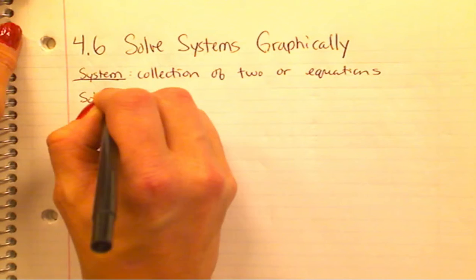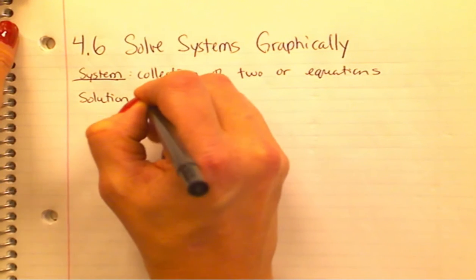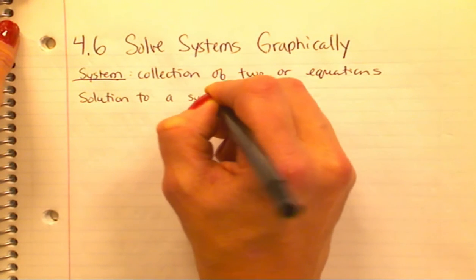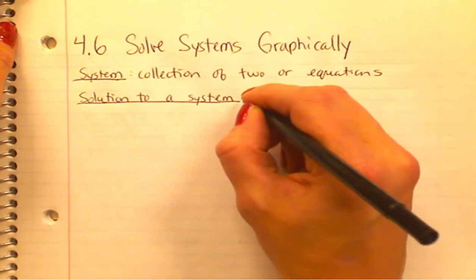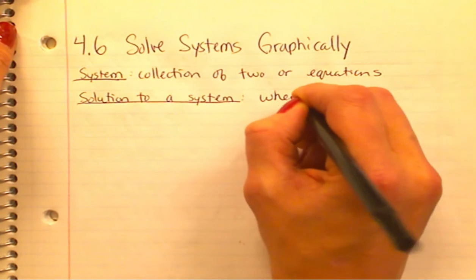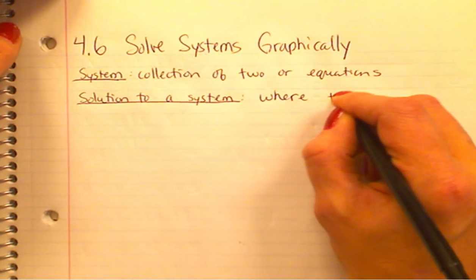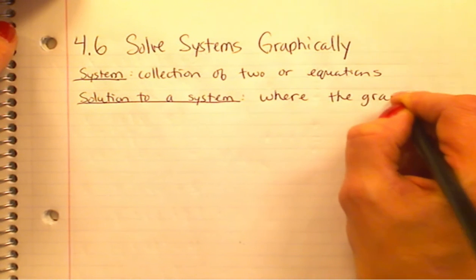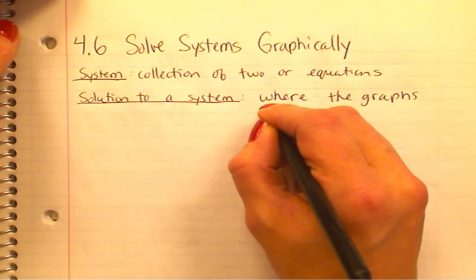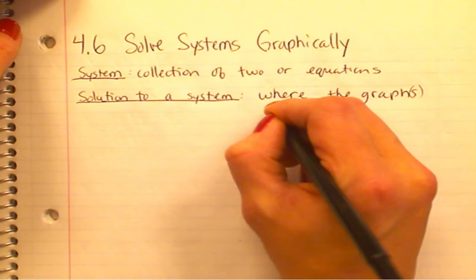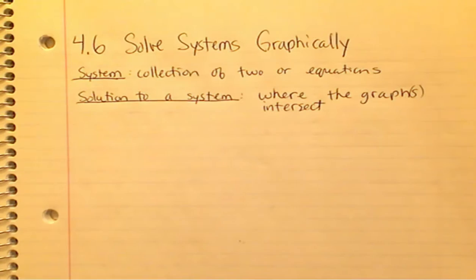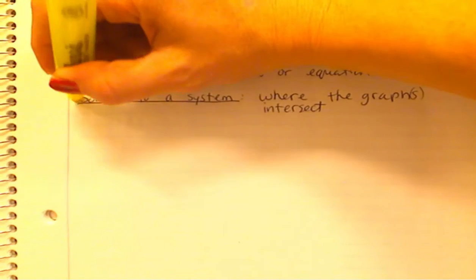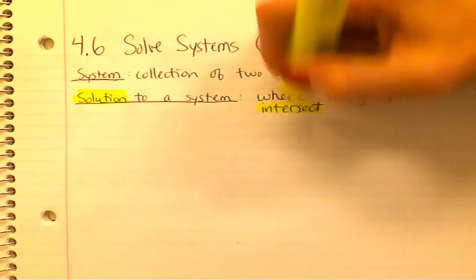A solution to a system, okay, is where the graphs intersect. Okay, so the key word here is the solution is the intersection.